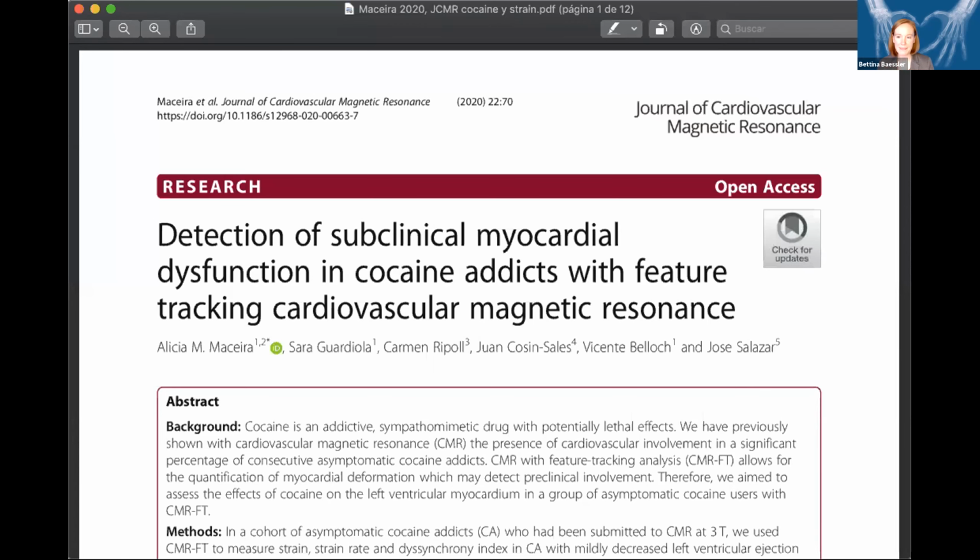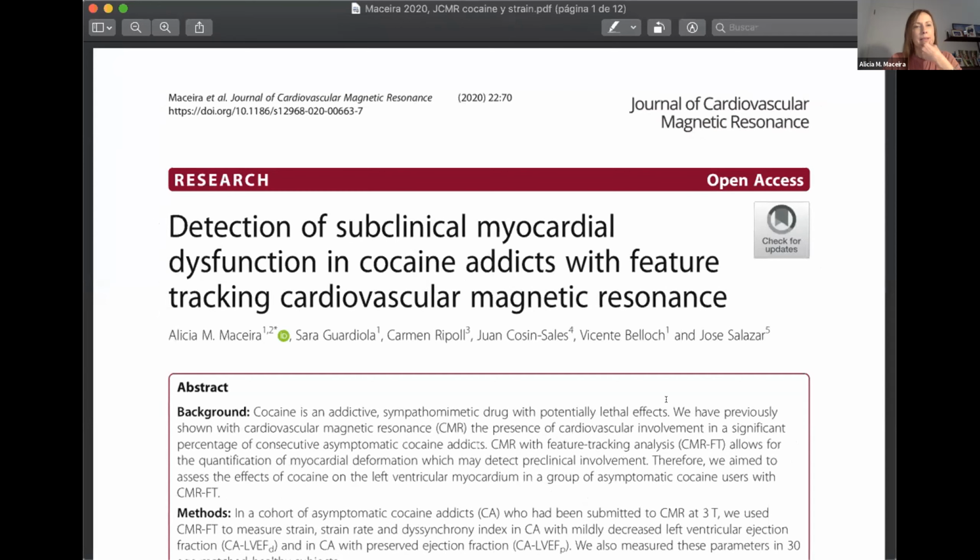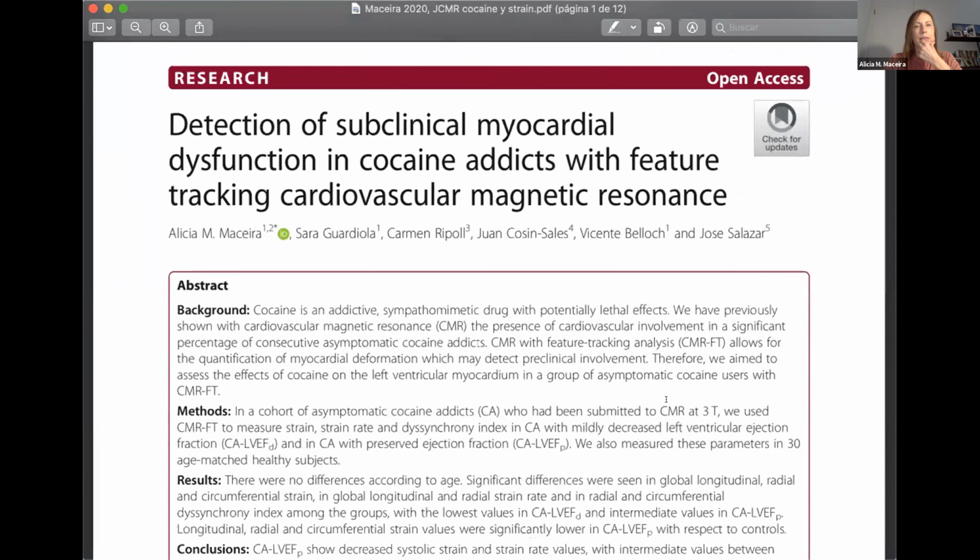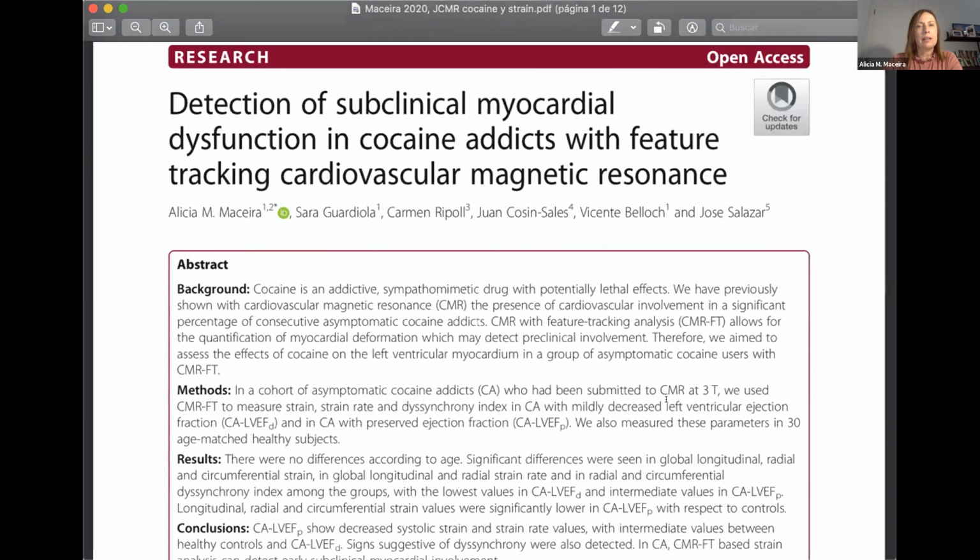Okay, so I will talk about detection of myocardial dysfunction in cocaine addicts with preserved systolic function. This is a paper published last year, which comes from a study we did on cocaine addicts back in 2014. For that study, we included 94 cocaine addicts with no exclusion criteria like diabetes or claustrophobia or any other known cardiac condition.